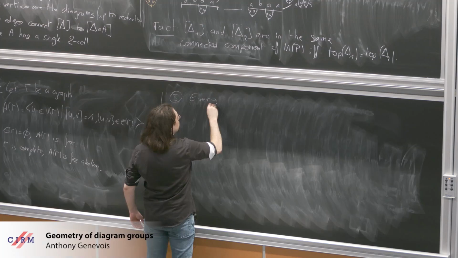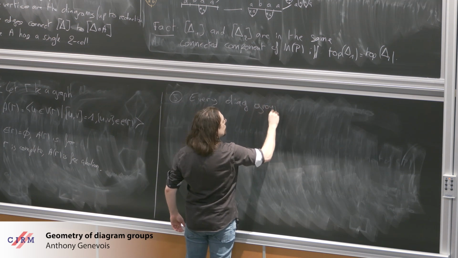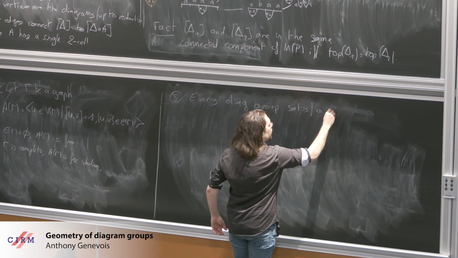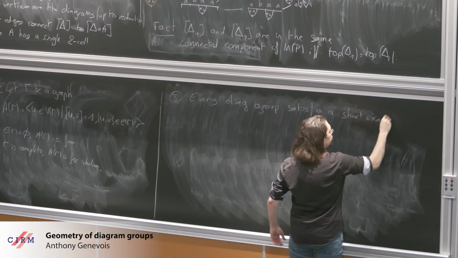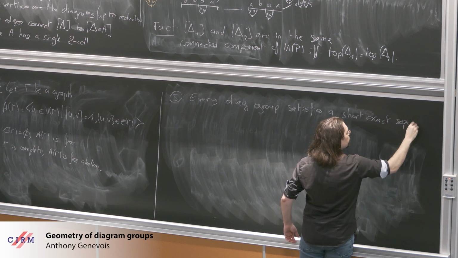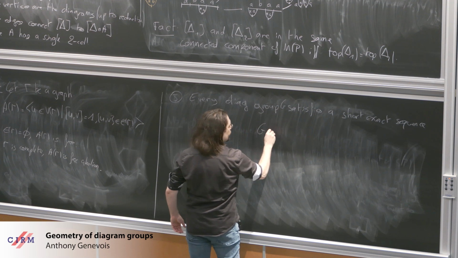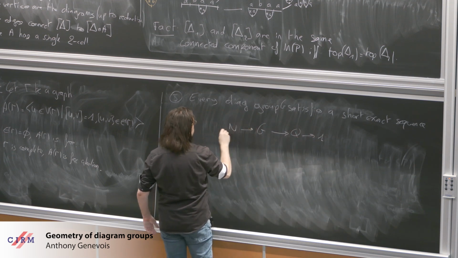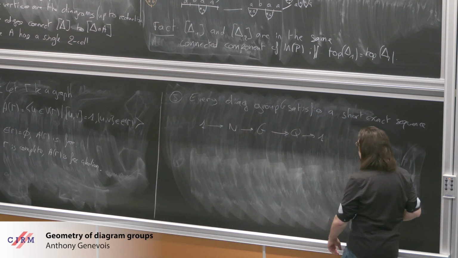So every diagram group satisfies a short exact sequence, let's say, with G in the middle. Okay, so you have a short exact sequence, and what is Q?